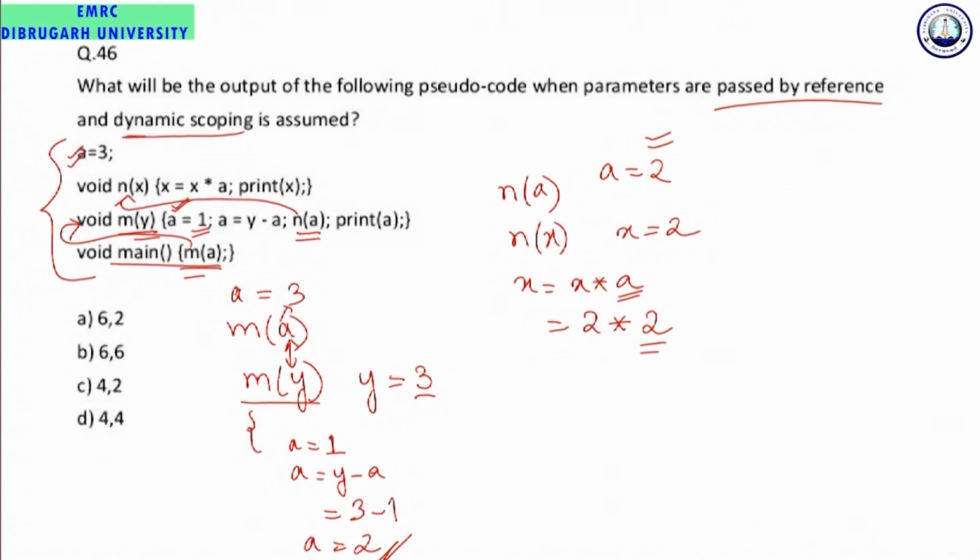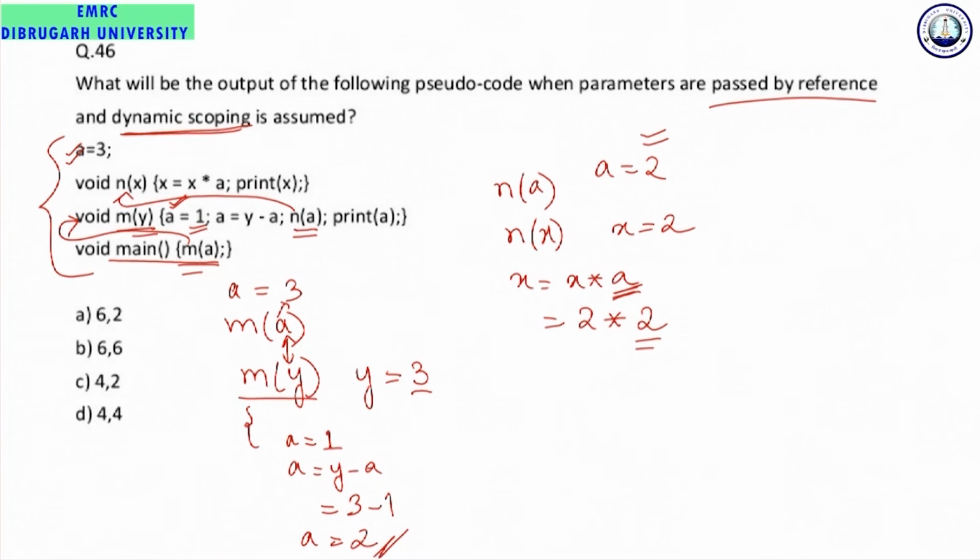Because of dynamic scoping. So because of dynamic scoping, the value of a is not 3, but it is 2. Next, 2 into 2, it is 4.